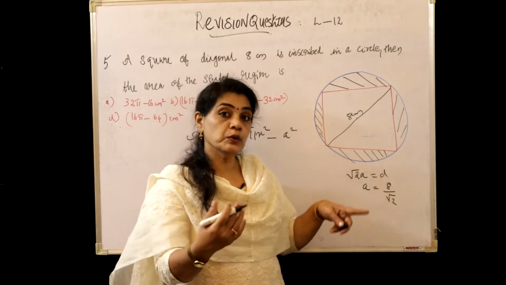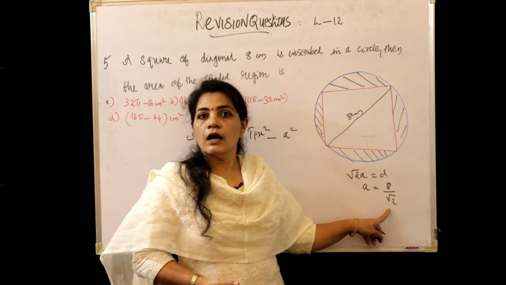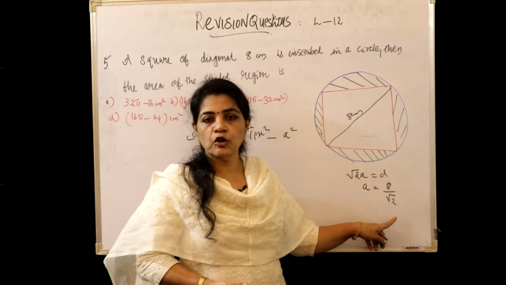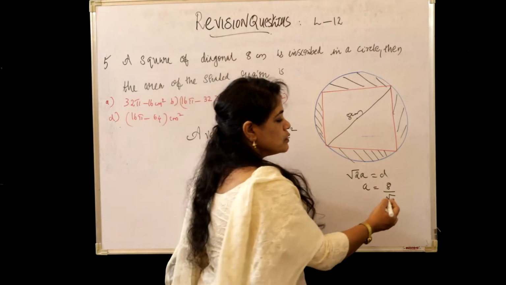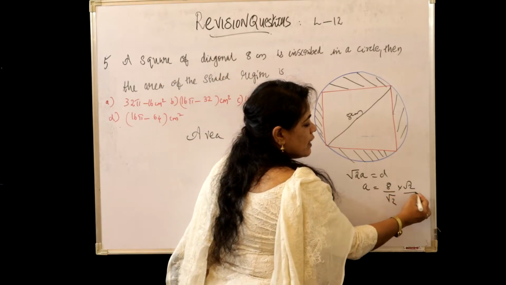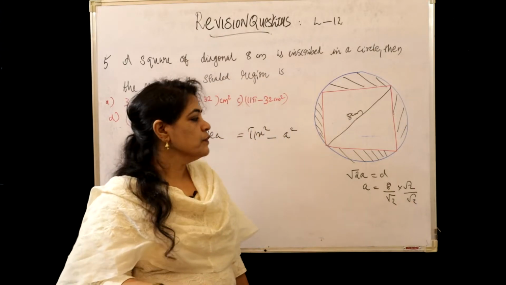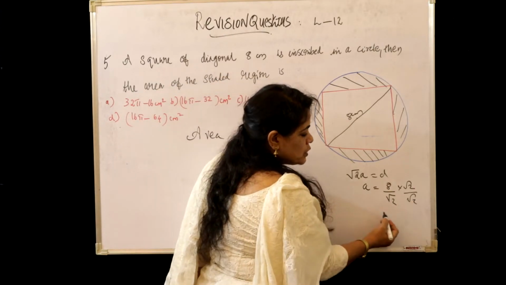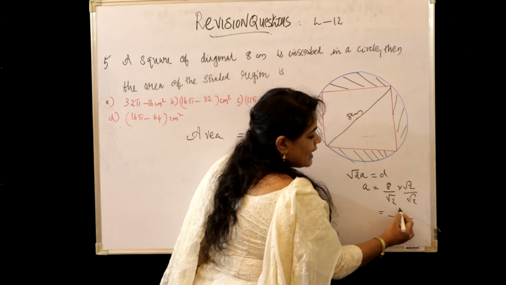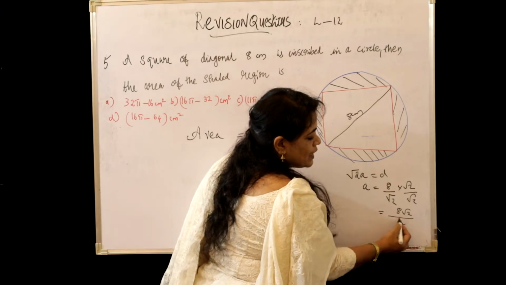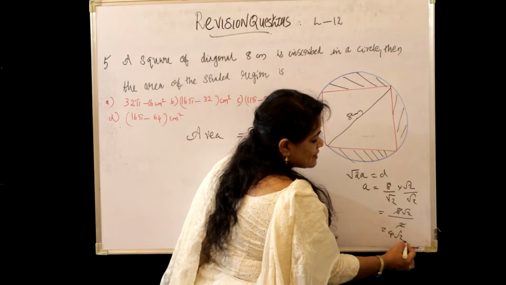So we have to rationalize because the denominator is an irrational number. So multiply by root 2 divided by root 2, with the same irrational factor. So root 2 into root 2 becomes 2, but 8 root 2. So 2 in 8, 4 root 2 is the side.